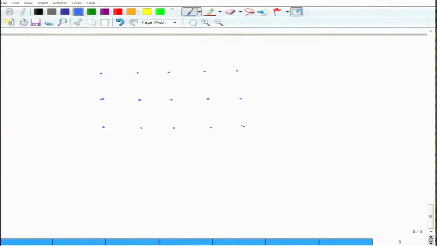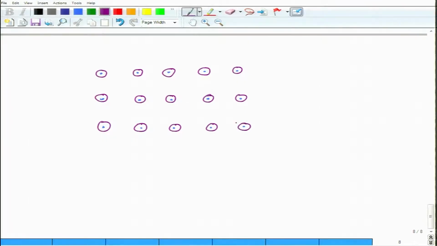Okay. Now, let me say my motif is not a single atom, but it is a group of atoms. Let me just draw these little ones here. Okay. Now, the first example I take is I draw this little green dot here.